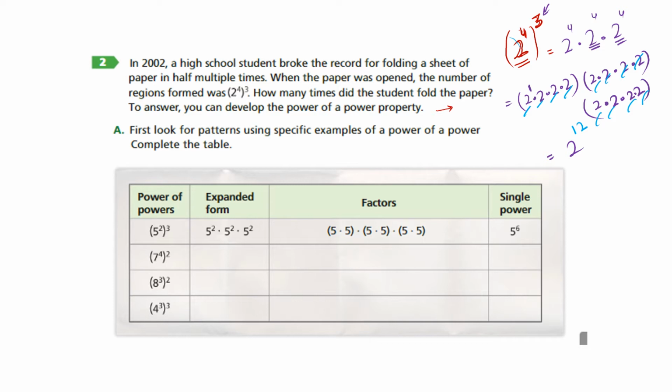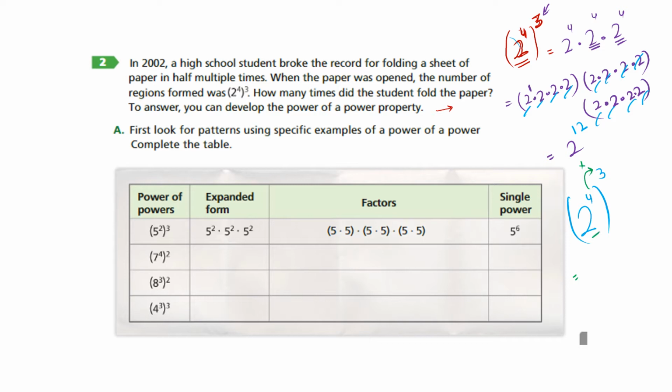Now let's solve the same question, (2 to the power of 4) to the power of 3, in another way. The power has a power. When a power has a power, we multiply the powers.